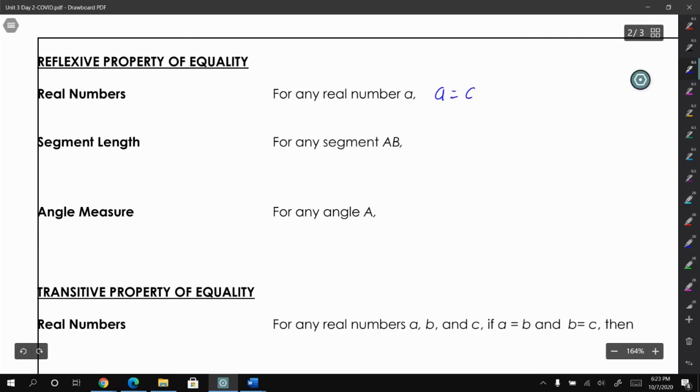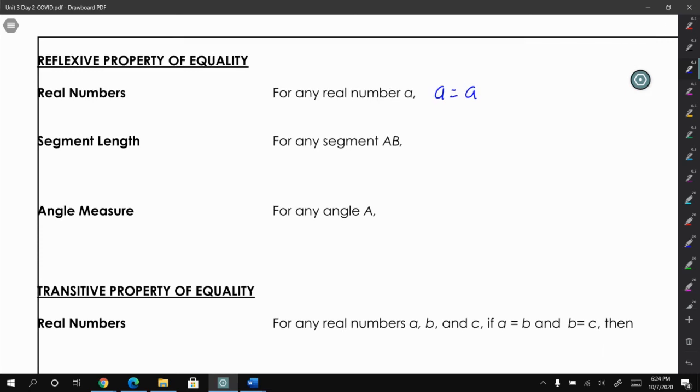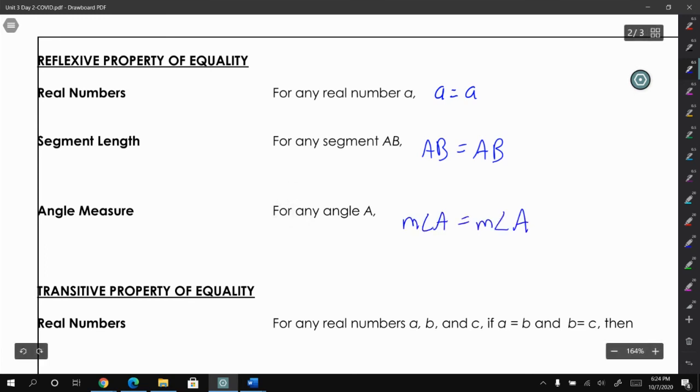It's just a equals a. It means the same thing. For any segment, the segment length is equal to itself. And for any angle measure, the measure of the angle is also equal to itself.